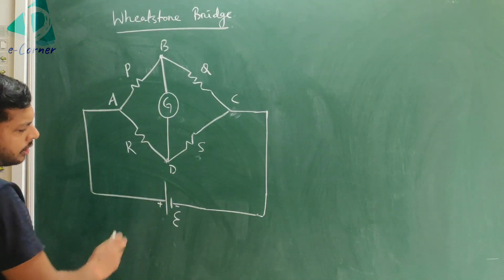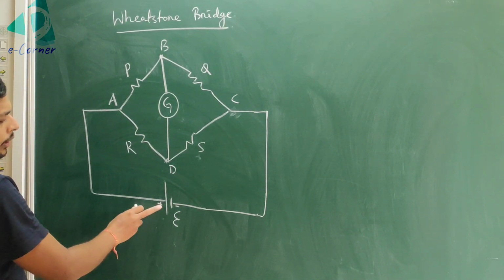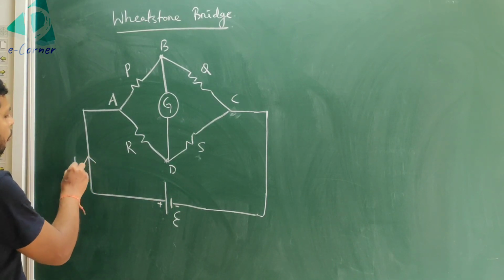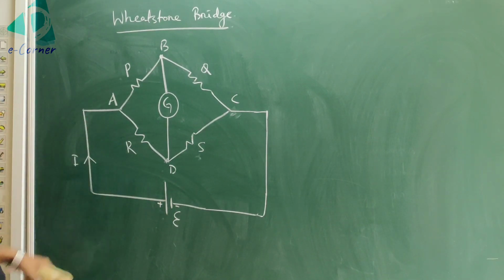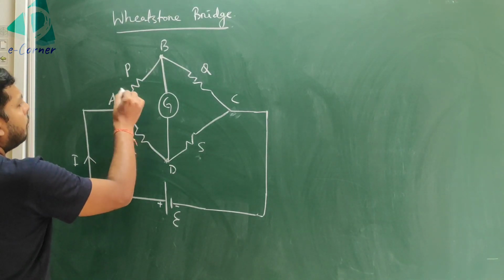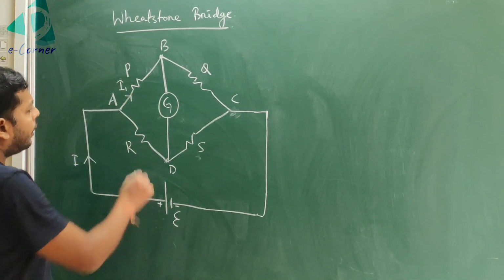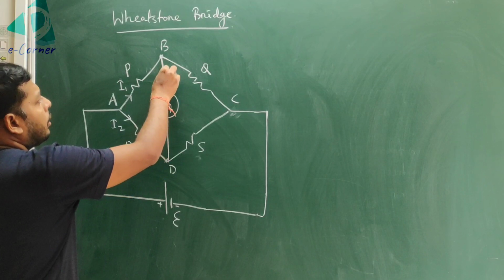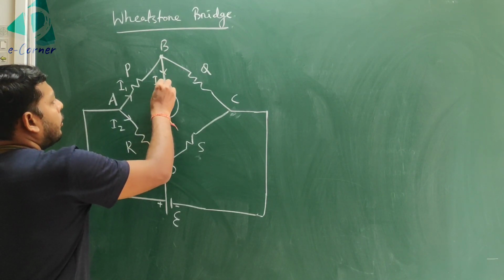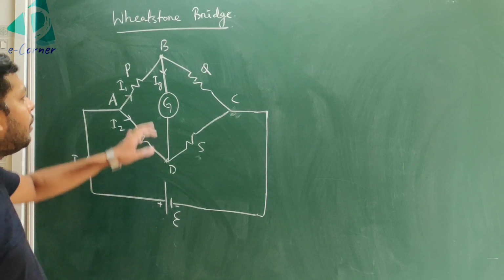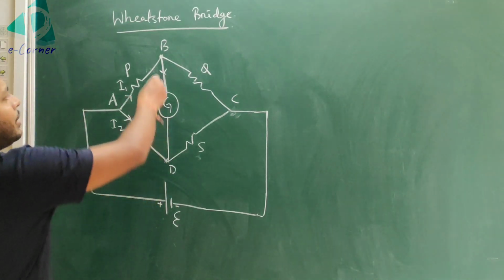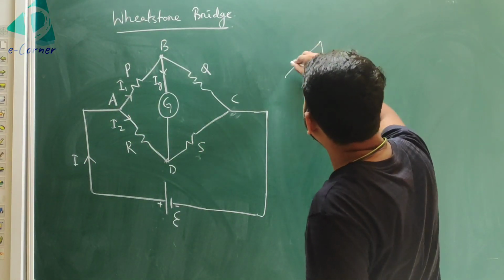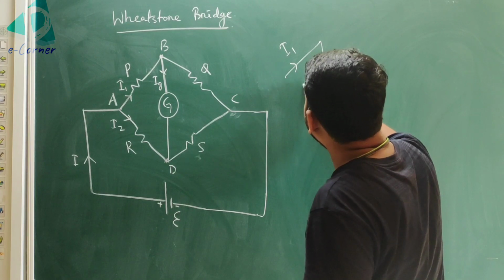This is the galvanometer, this is the EMF E, and since this is the positive terminal of the battery, current will move from this one. This is the first resistance, and let this current I1 be flowing, and let the current I2 be flowing here. Since this is the galvanometer, I am putting the current flowing through the galvanometer as I subscript G. Since Ig is flowing in this direction and I1 is flowing towards B, this is I1, this is Ig.